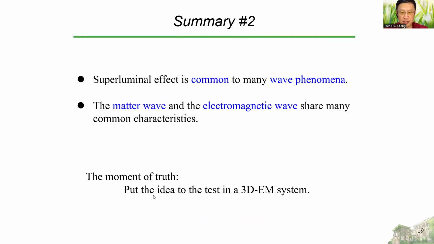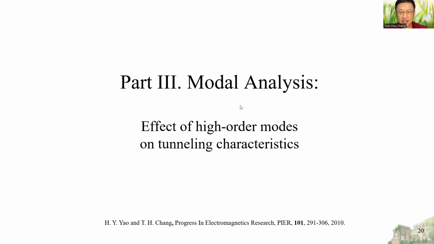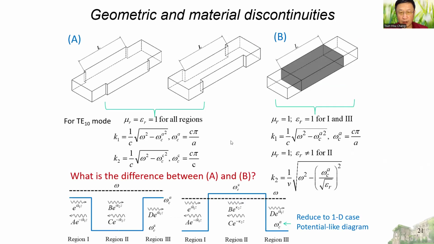Okay, so the moment of truth, put the idea to the test in three-dimensional electromagnetic systems. Let's test this idea. So now let's have a look at modal analysis. Effect of higher order modes on tunneling characteristics, that was published 15 years ago. Okay, so first let's look at this one.